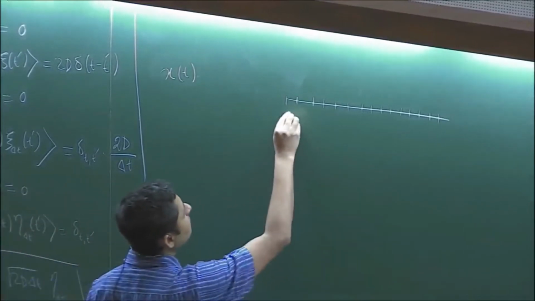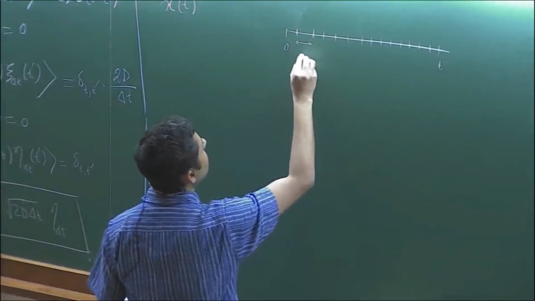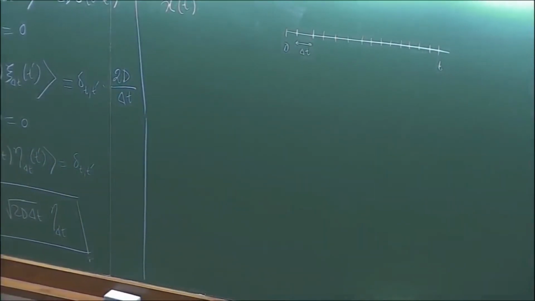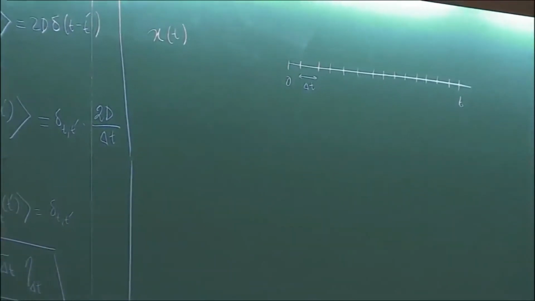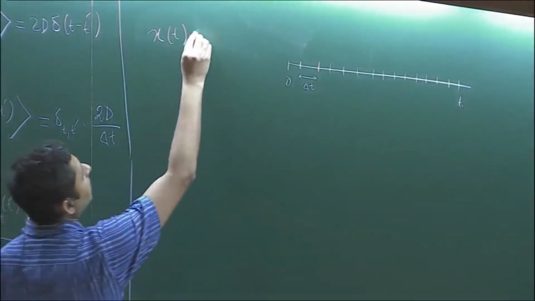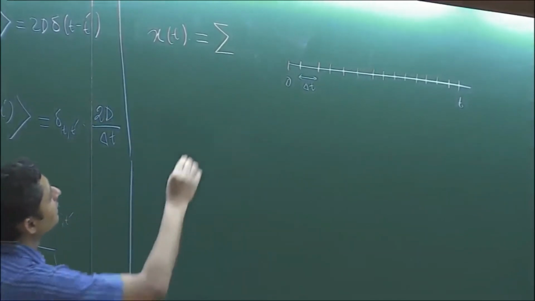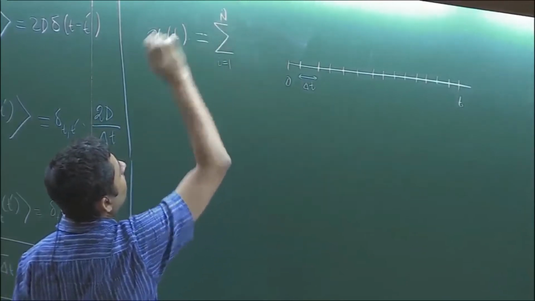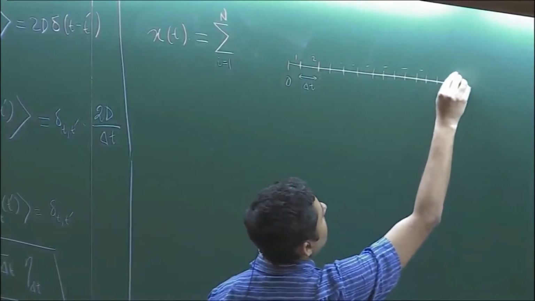So this is, let's say, 0, this is your t, and this is your delta t. So there are n such time windows, labeled 1 to n.